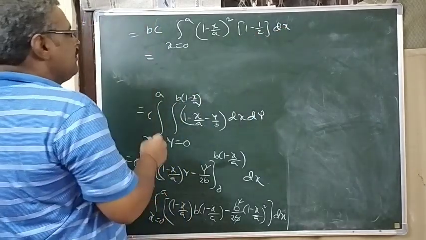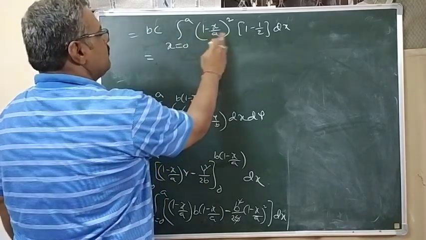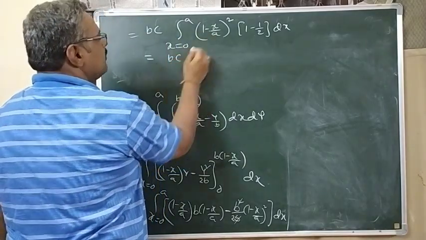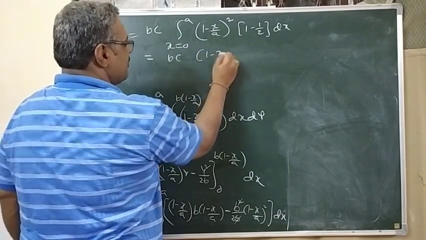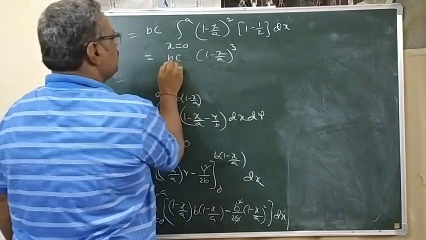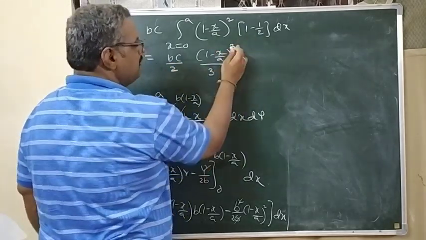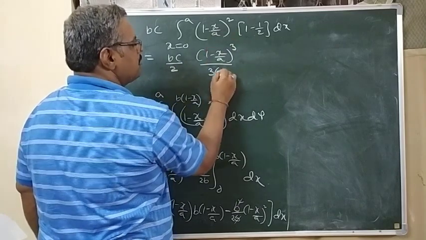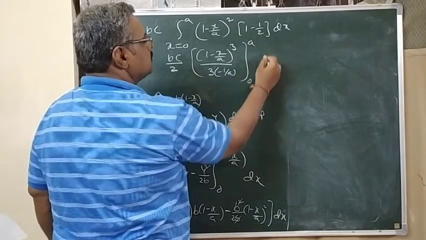Now integrating with respect to x. 1 minus x by a whole square, its integration is 1 minus x by a whole cube by 3, into the constant term minus 1 by a, and 1 by 2 is also there. Limits 0 to a.